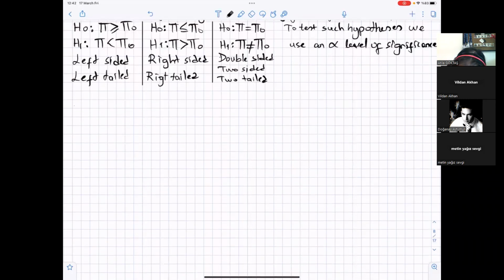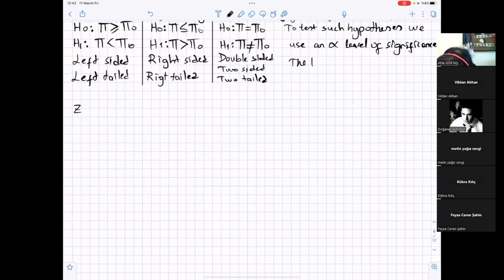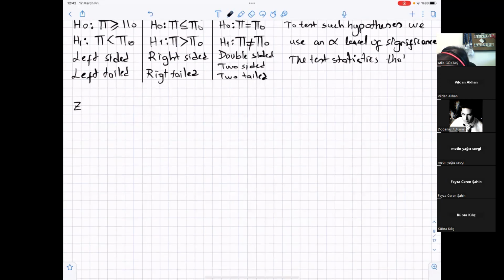And so the Z test statistic that is used is given as follows. So this is the calculated statistic.